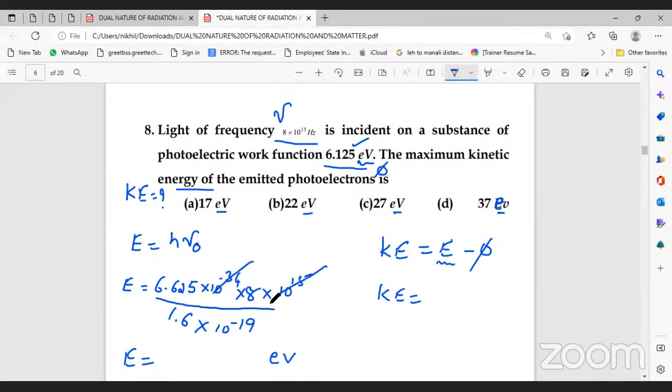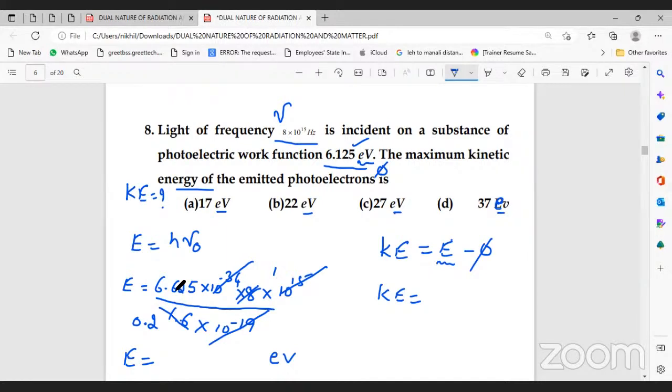That minus 19 is there in the denominator, so it will get cancelled, right? So this is 8 and this is 1.6. 8 by 1.6 is 5. Or 1.6 by 8 is 0.2, which is 1 by 5, so that 5 goes to the numerator.